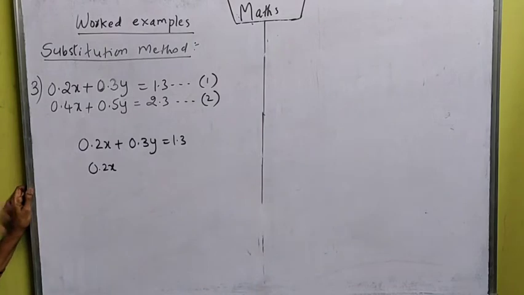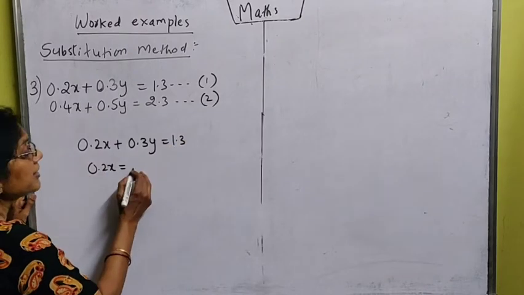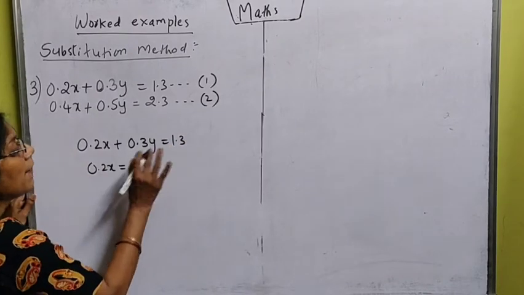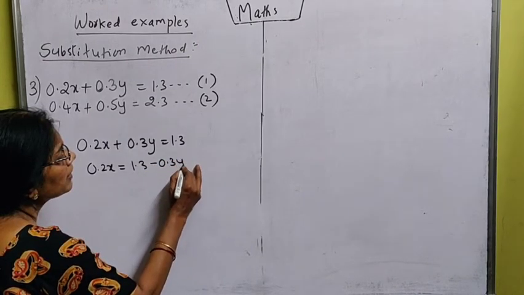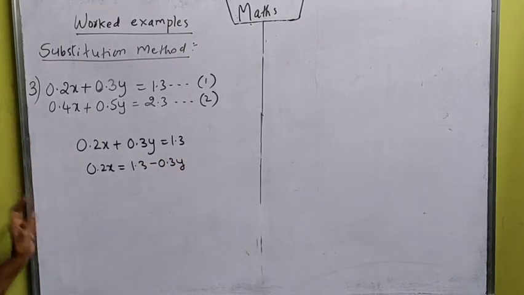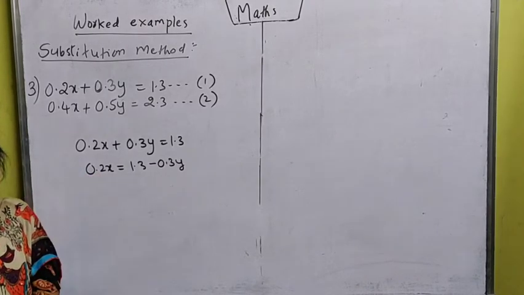As I told you, plus will become minus. First, what is there on the other side? 1.3. I will write it down. Plus 0.3y will become minus 0.3y. I want only the value of x, so the 0.2 coefficient is what I want to remove.